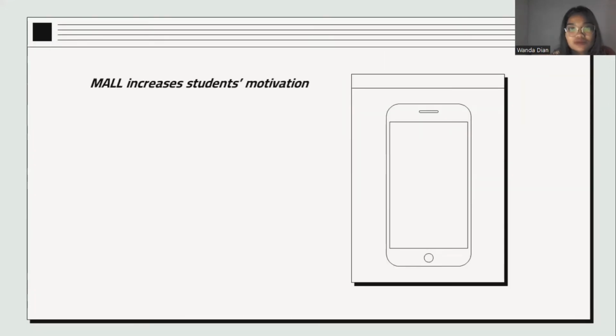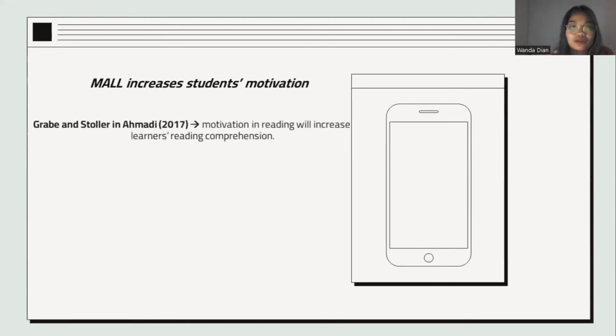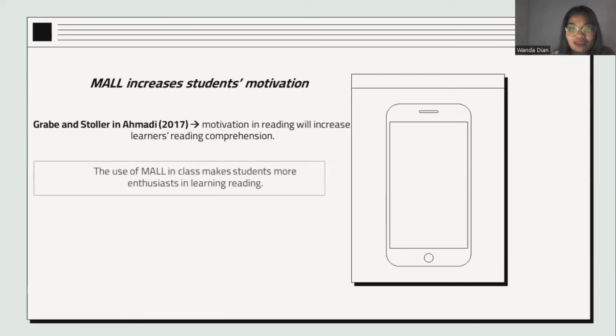As we know, students' motivation holds an important, crucial role in the learning process because it will affect students' desire to learn. Grabe and Stoller in Ahmadi 2017 stated that motivation in reading will increase learners' reading comprehension. And based on several studies, the use of MALL in class makes students' motivation increase because it makes students enthusiastic in learning reading.